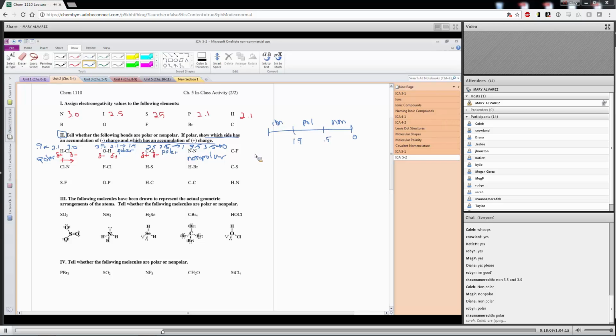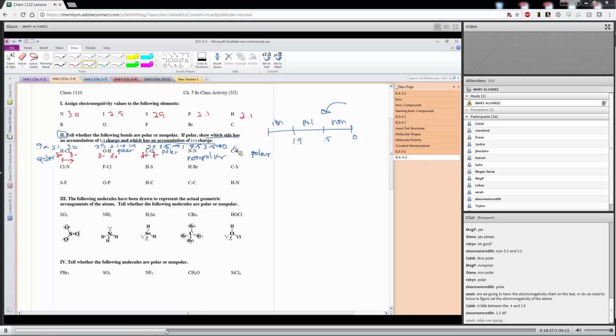I don't ever ask essay questions, but this is the type of essay question that I might ask: is this a polar or non-polar molecular bond, and you tell me why. You will definitely have the electronegativity chart on the test. You will not have this little line graphic on the test.